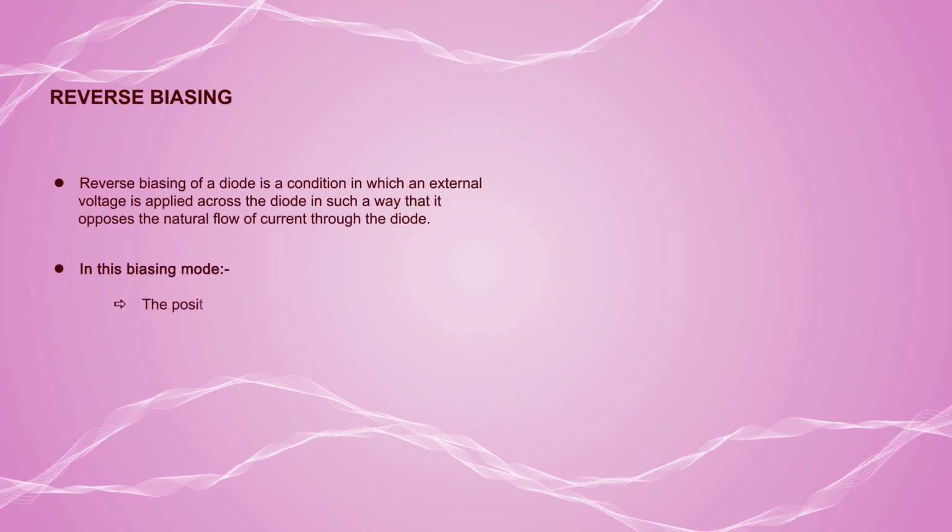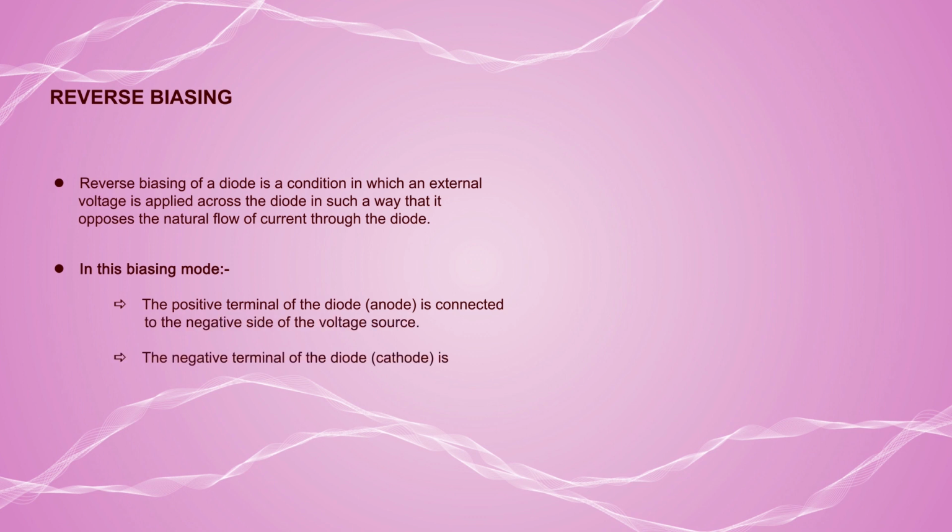In this biasing mode, the positive terminal of the diode, which is the anode, is connected to the negative side of the voltage source, and the negative terminal of the diode, that is the cathode, is connected to the positive side of the voltage source. That is why this type of biasing is called reverse biasing.